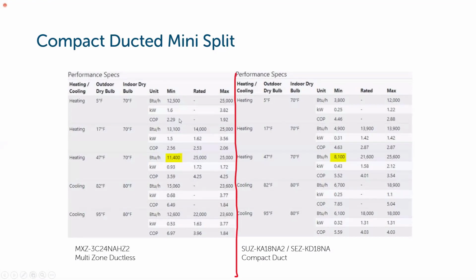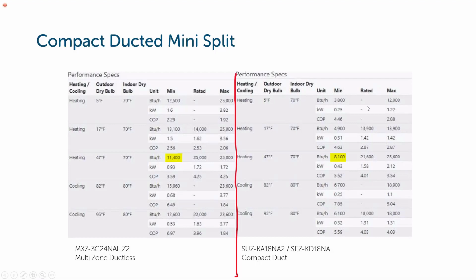So equivalencies here at 5 degrees, the mini split option with the single outdoor condenser would meet the bedroom load at 12,000 BTUs, and the ducted system would meet it at its maximum capacity at 12,000 BTUs. But then we get up to 47 degrees outside. Now at 47 degrees, that bedroom is going to need a lot less than 12,000 BTUs.